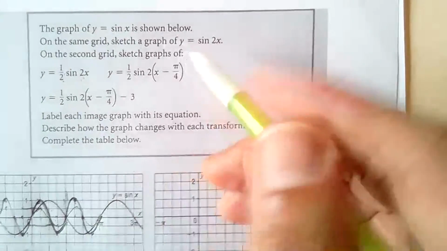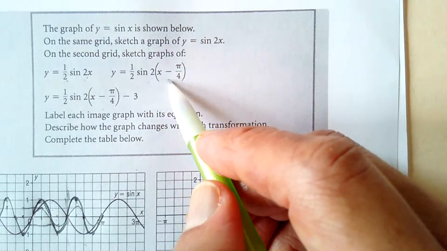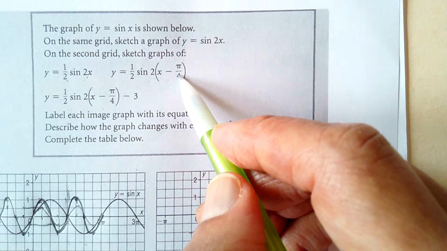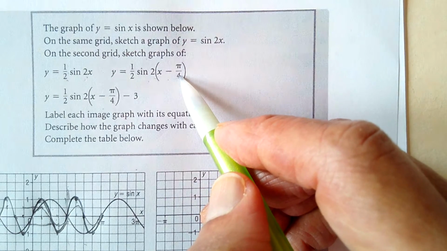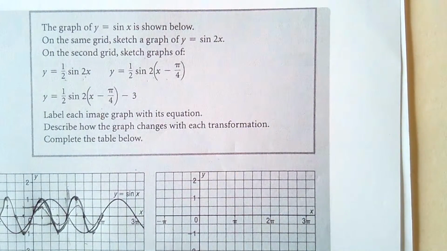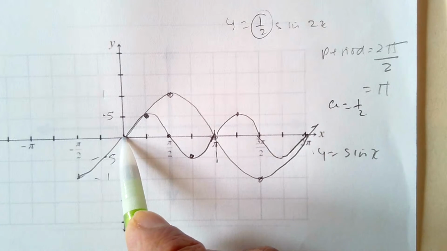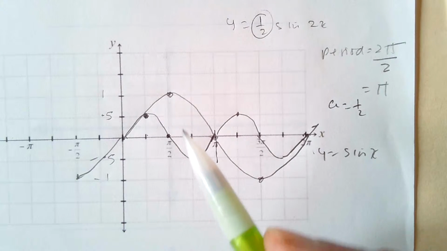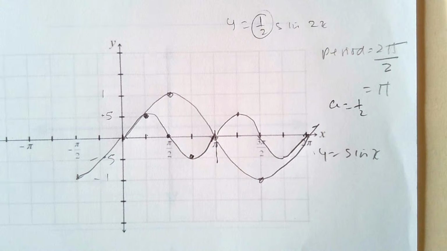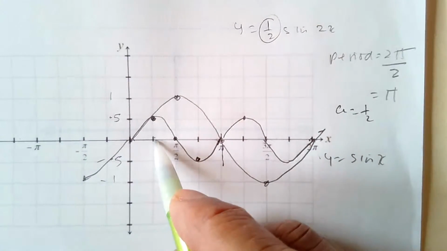The second one, here we now go one step further. In this case we have a horizontal shift. Okay, a horizontal shift of pi over 4. So instead of it beginning at 0,0 here now, it shifts to the right pi over 4 units. So the same graph.